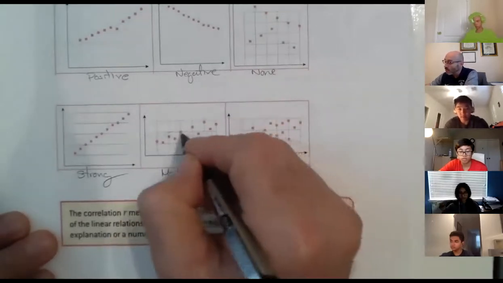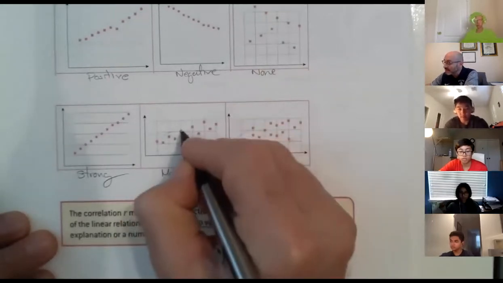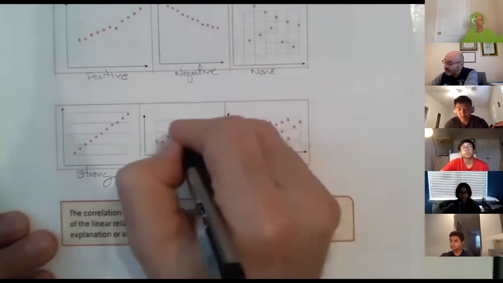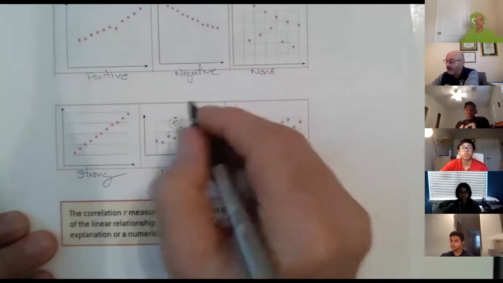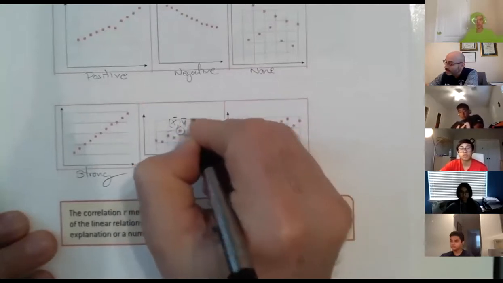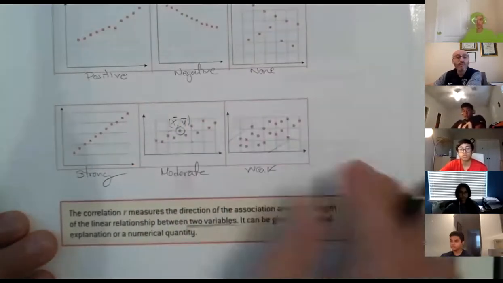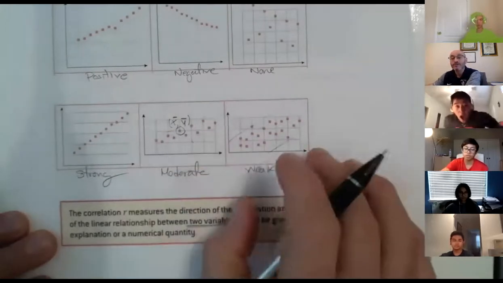So let's say this point represents X bar, the mean of the X values, and the mean of the Y values.